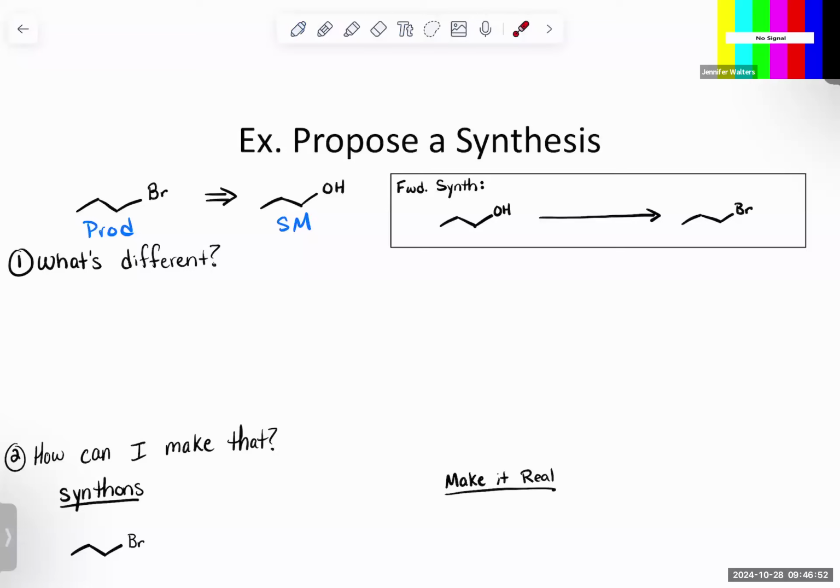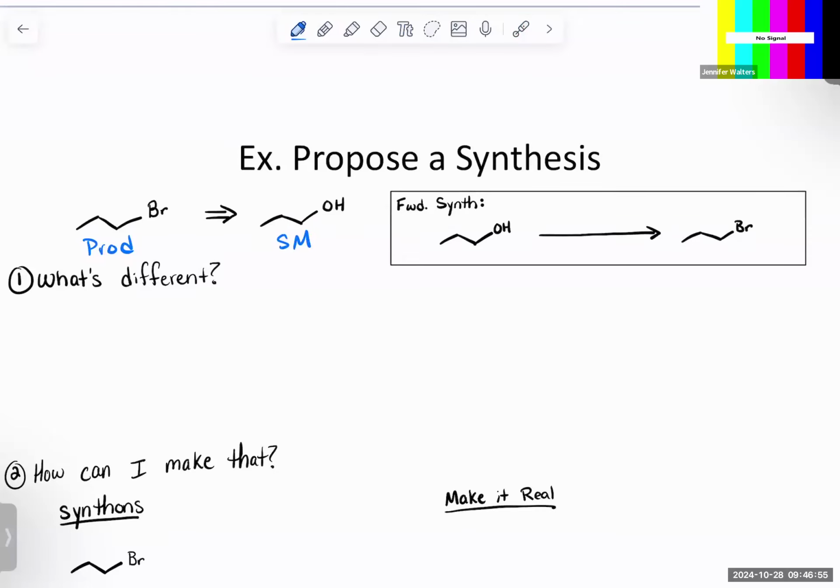Another way of writing this, the way that I usually write it on exams, is I'll write multiple arrows to show that there are multiple steps, and then I typically do a question mark, or I'll give you a big blank arrow, and I'll expect you to write your steps above and below the arrow, right?